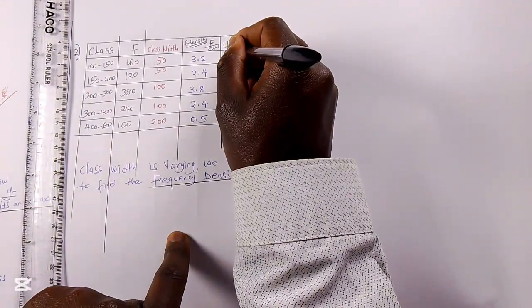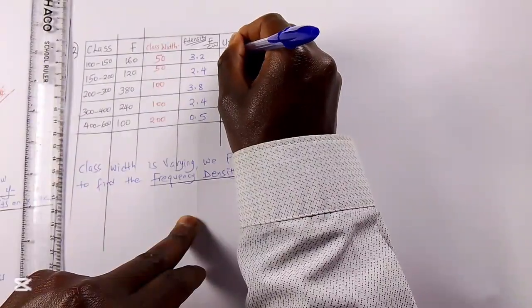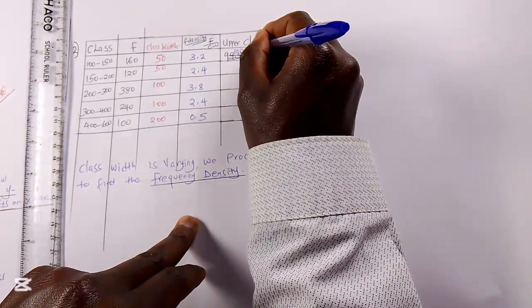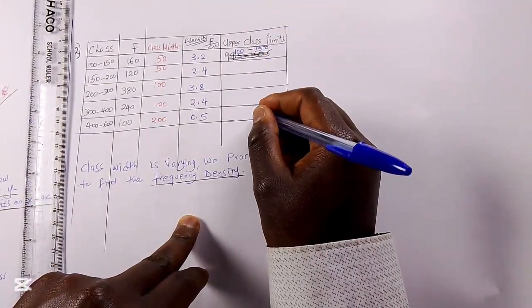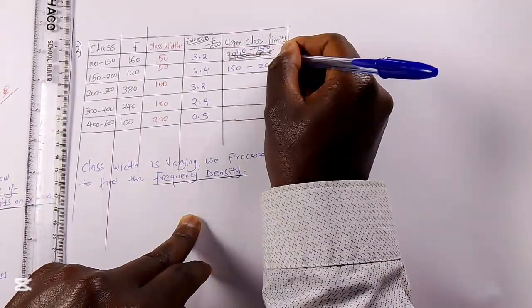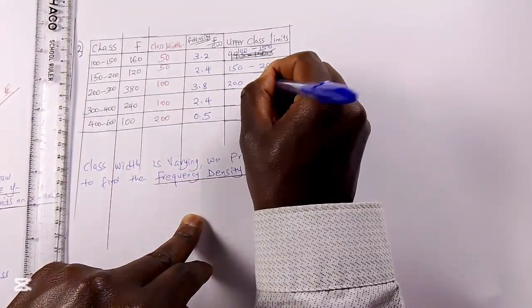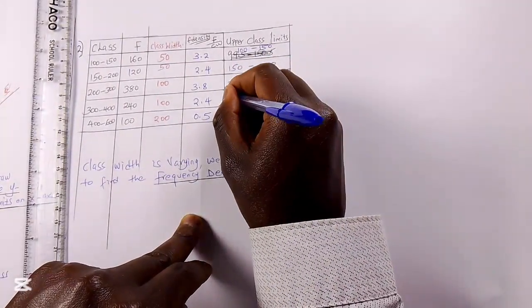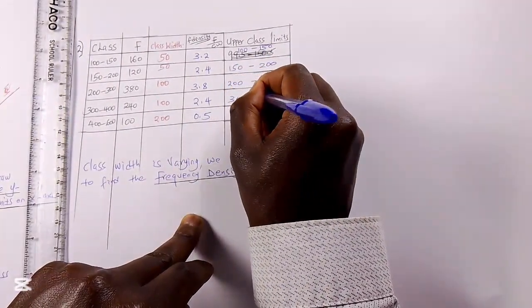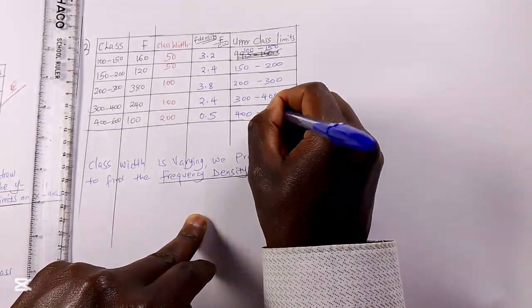The limits will remain to be 100 to 150. Then the rest will be 150 to 200, then 200 to 300, then 300 to 400, then 400 to 500.